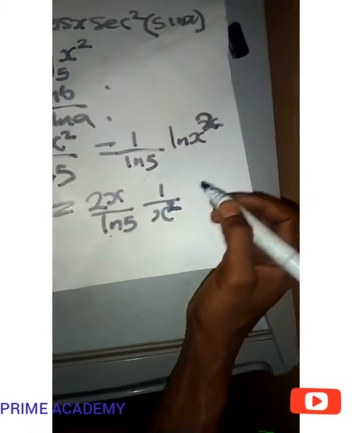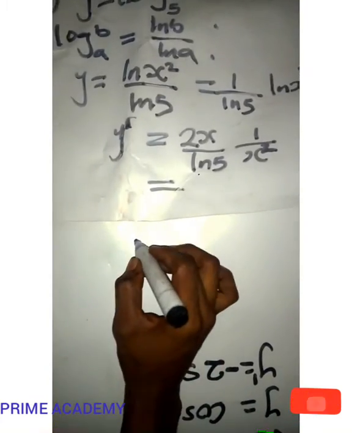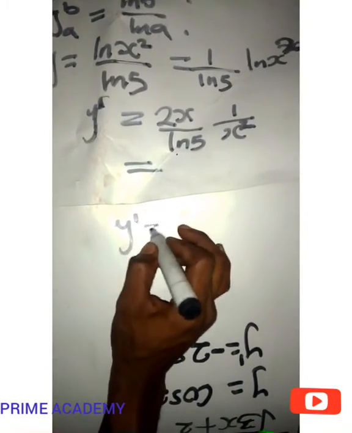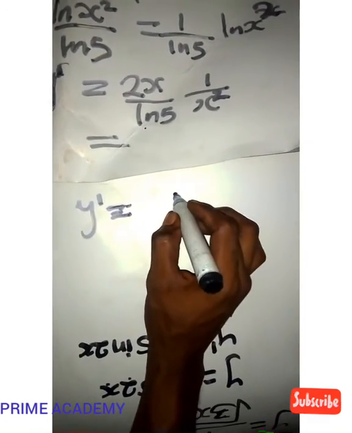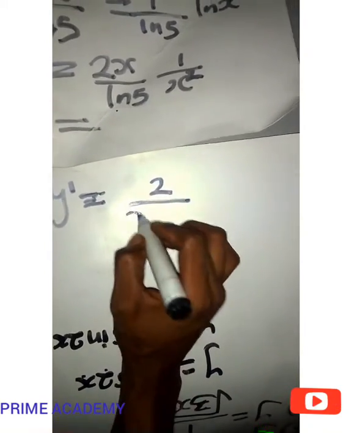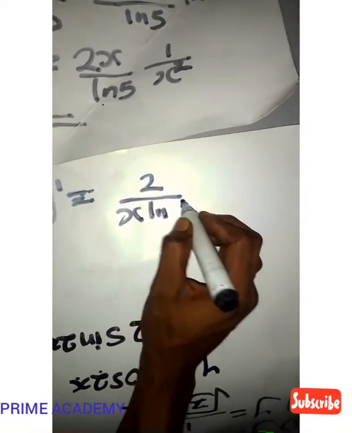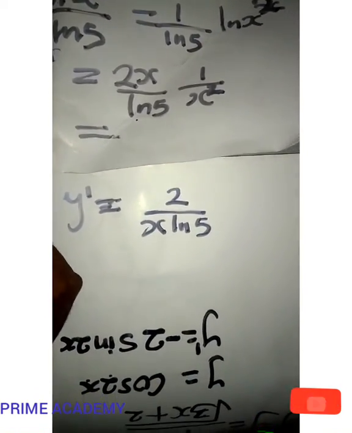So this is what we have, of which I can simplify this. So this can be simplified as y prime being equal to 2 over x ln 5. So this is the solution to the third problem.